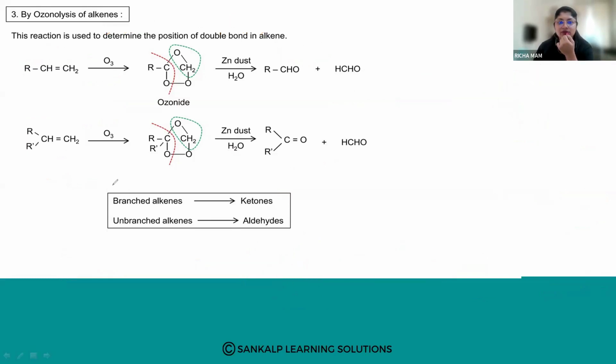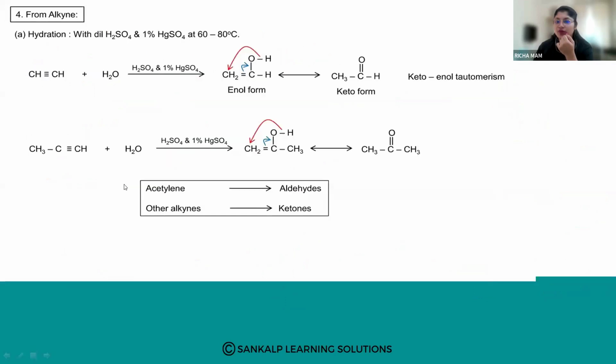So let us go for the fourth one, from alkynes. Alkynes means from triple bond. Alkenes, alkynes. Alkynes are also unsaturated compounds with triple bond. So what we are doing here is hydration.